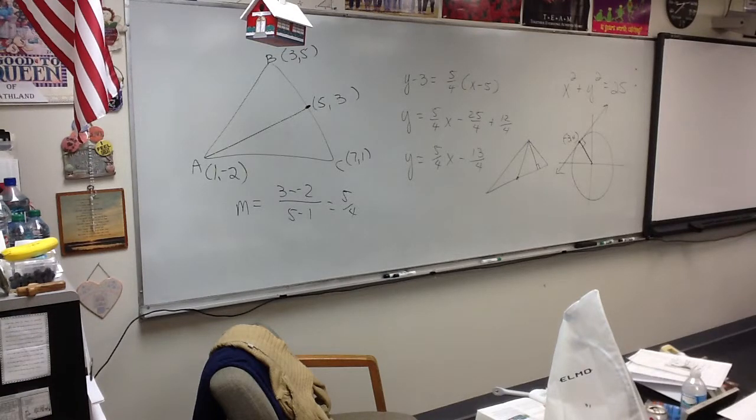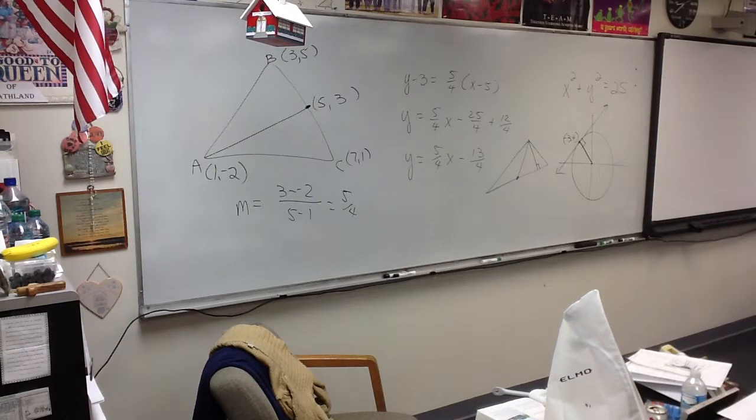Now, let's think about that for a minute. That's the key to the problem, but now we've got to do something with that. Does anybody else have an idea about how that might help me? Take the opposite slope. Be careful. You're close. Opposite, negative. Reciprocal.